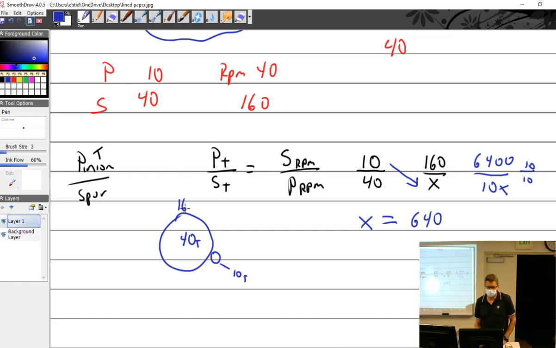Was it 160? 160. And this one is 640. Does that look right? Yes. That looks much better, in spite of my inconsistencies. Okay. So remember, swap them around.